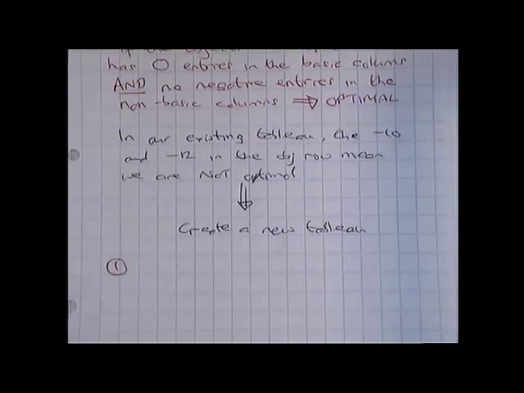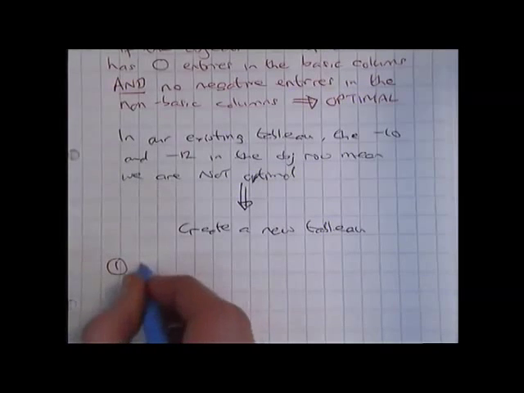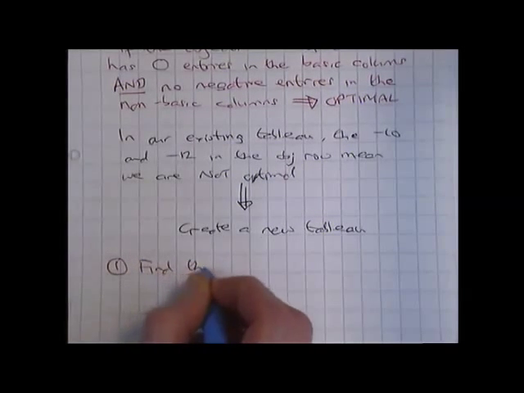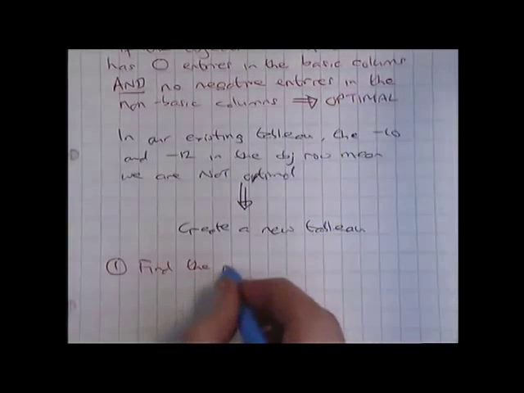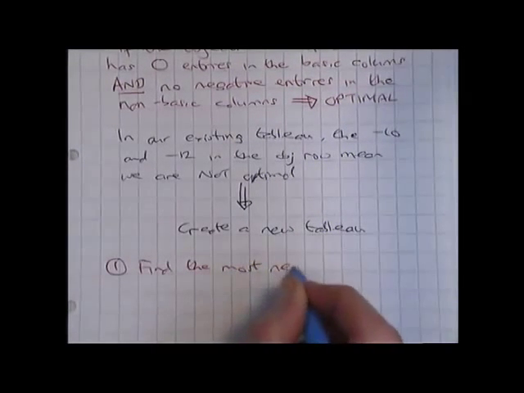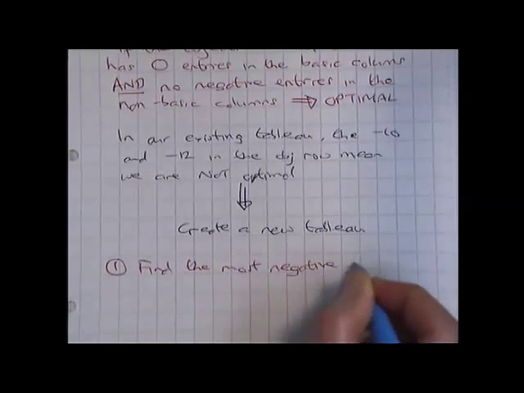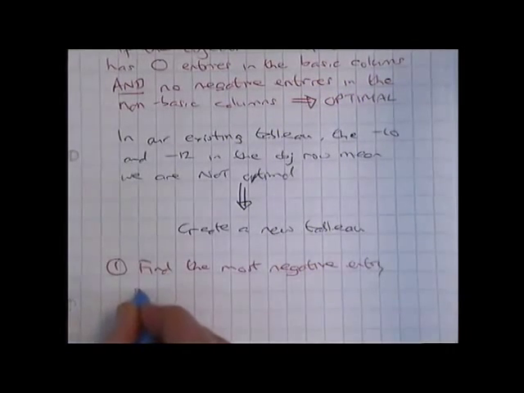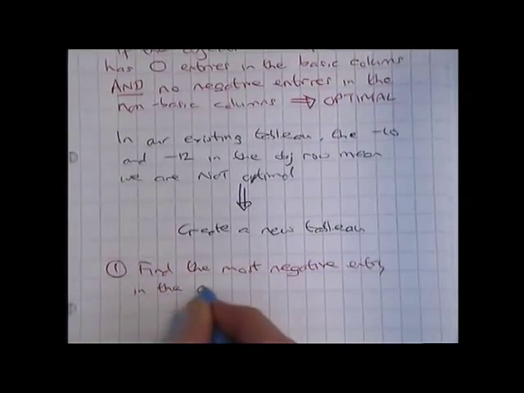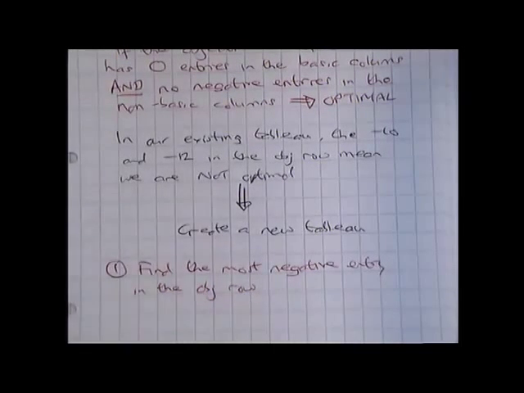Step 1 is you find the most negative entry in the objective row. So in our objective row, you've got it written down still. What is the most negative entry at the moment?